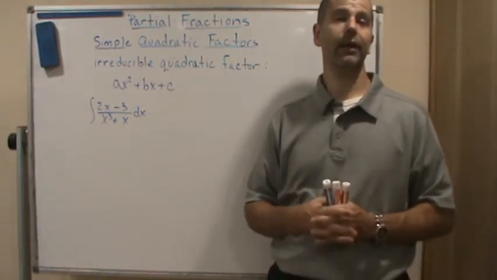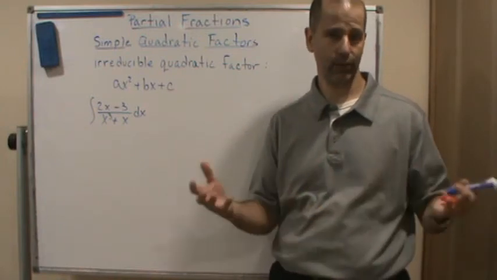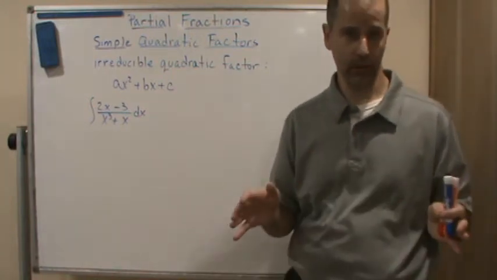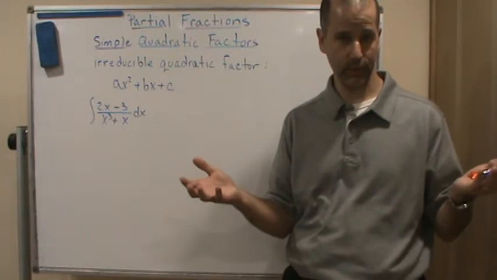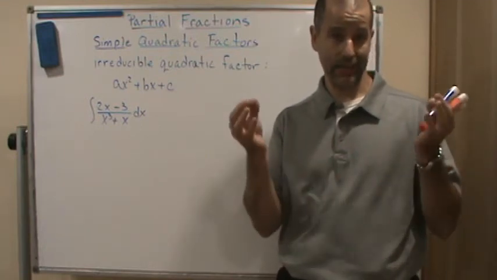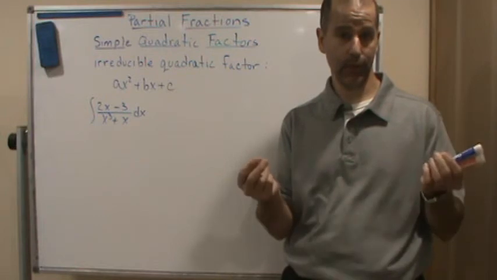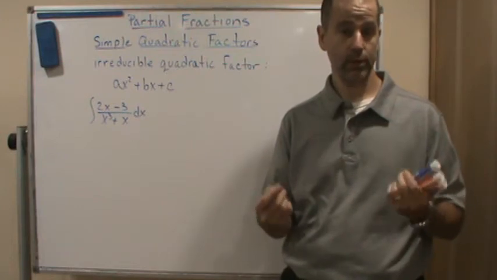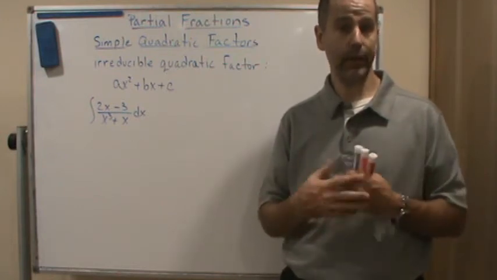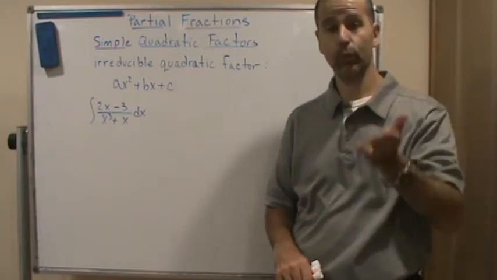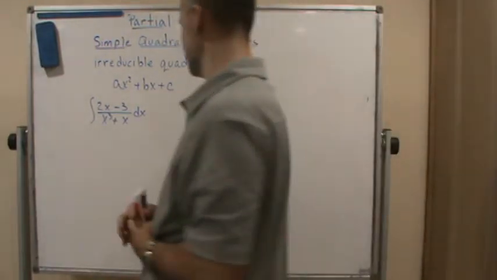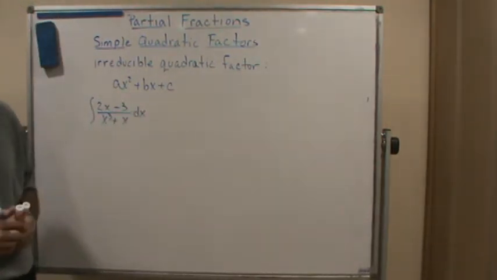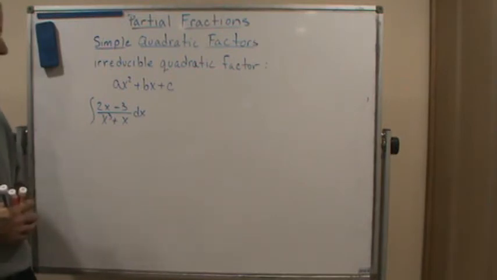If we talk about complex zeros, we can factor things using complex zeros, but in this case all we care about are the real zeros, just our normal ways of factoring things. So if we have a quadratic polynomial that cannot be factored, meaning it has no real zeros, then it's called irreducible. Those are the factors we're talking about here.